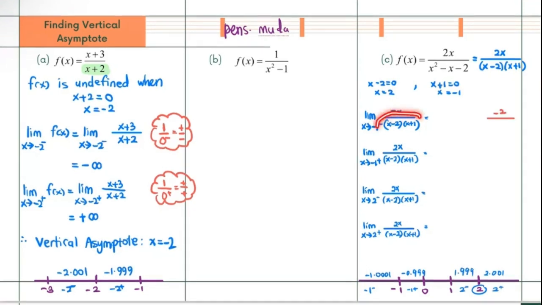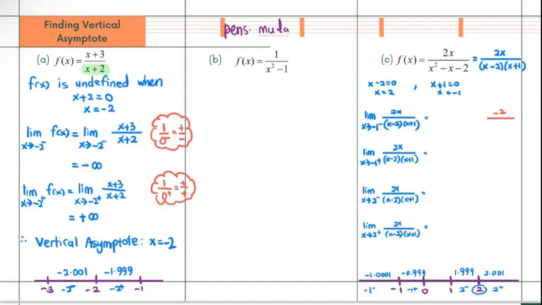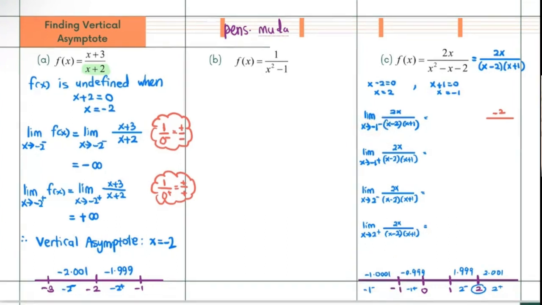Now, dekat denominator ini, ataupun kalau tak nak gantikan dekat sini, boleh je kamu terus kira dekat dalam ini. So, calculator siap-siap settingkan x square minus x minus 2, lepas tu kamu tekan calc. Okay, untuk kamu kira value dia apa. So, bila gantikan negative 1 from the left, saya akan gantikan value ini.